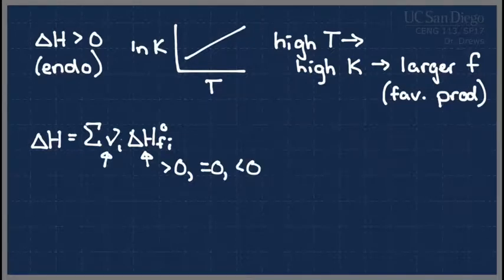And so any trends that you might find in the stoichiometric coefficients aren't necessarily relevant until you combine them with any trends in the enthalpy of formation. And so the net effect is the enthalpy of reaction is the thing that's dictating whether this is good or bad to increase temperature. So yeah, the stoichiometric coefficients are still there, but it's not helpful to look at just those because the enthalpies of formation are also important. So you have to consider them together.